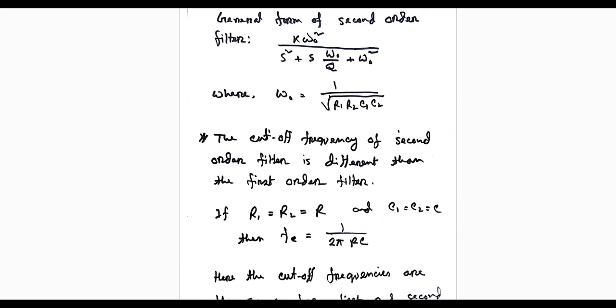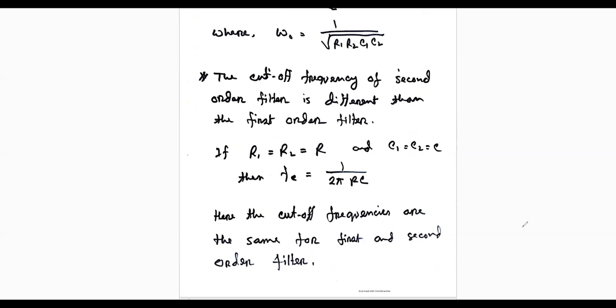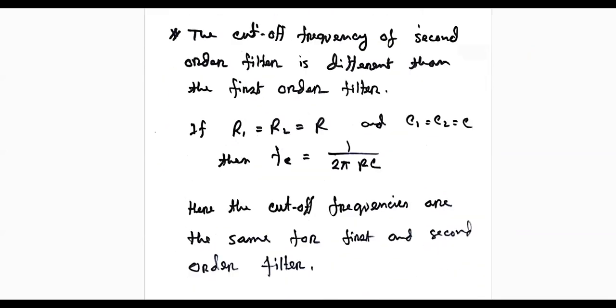The cutoff frequency of the second order filter is different from the first order filter. What does it mean? Let's say this is a Butterworth first order filter, and this is the cutoff frequency, omega c, for the first order filter.